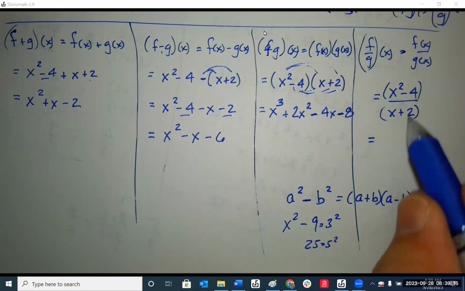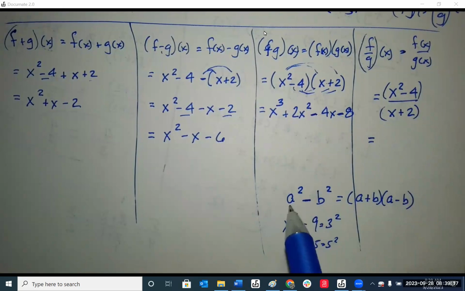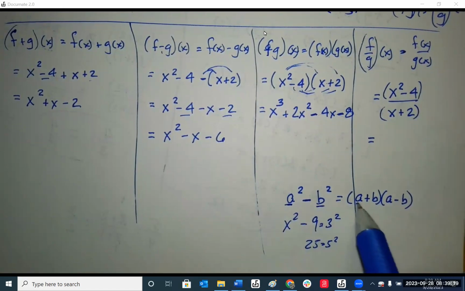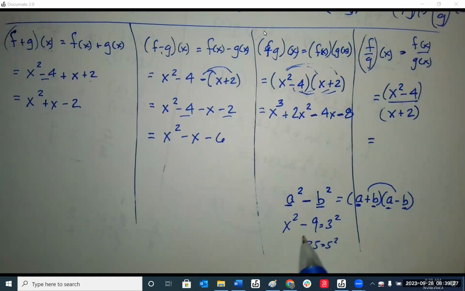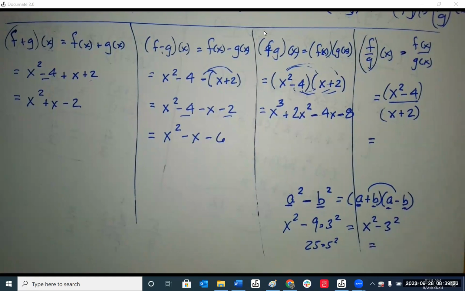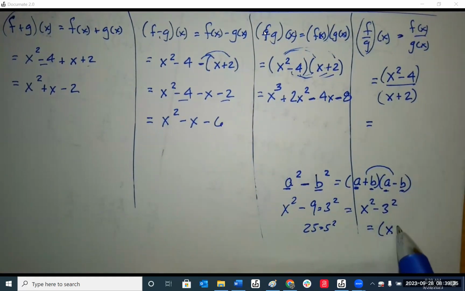So in our case, what does the top become? It's the first and the last term, first and last, first and last. Only thing different are the signs are different. So for this one here, we had x squared minus 3 squared. It would be x plus 3, x minus 3, because those are the two numbers.